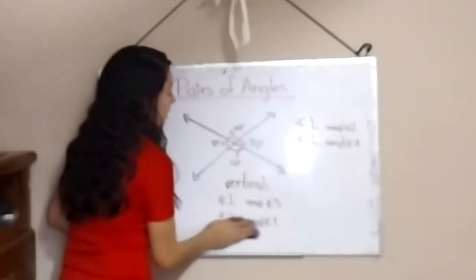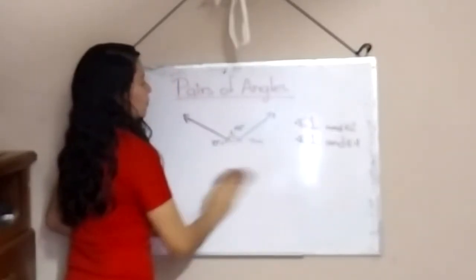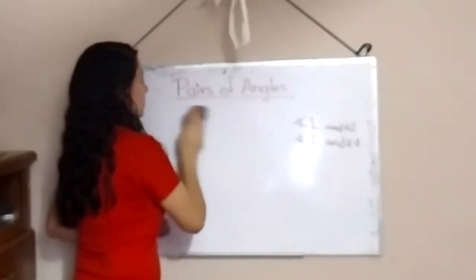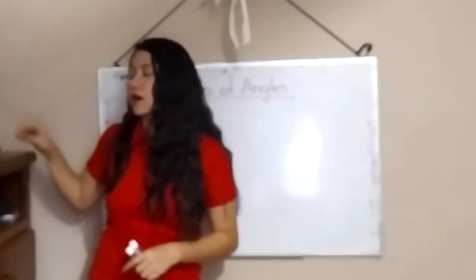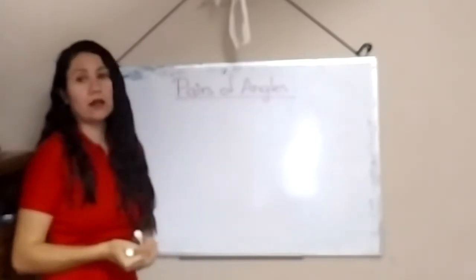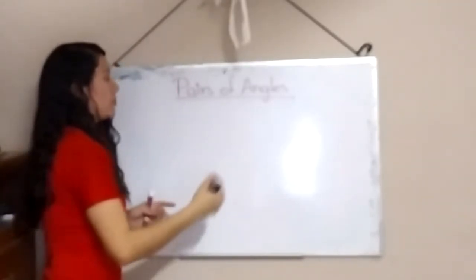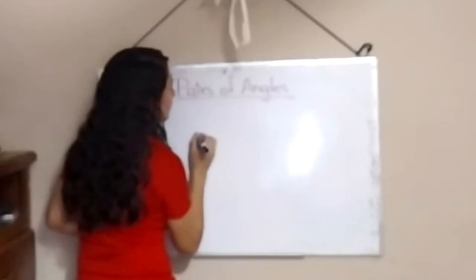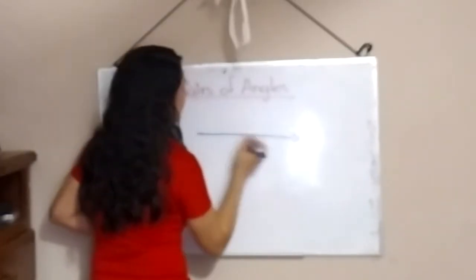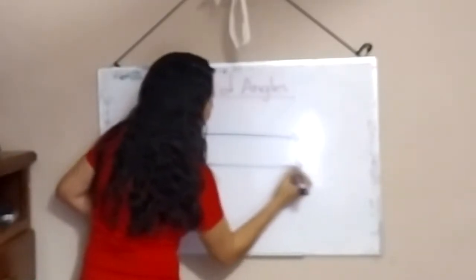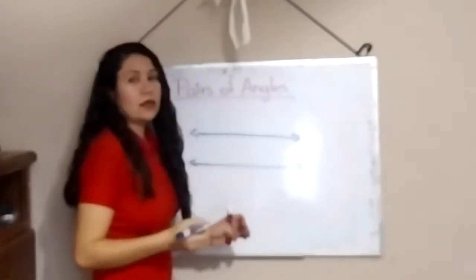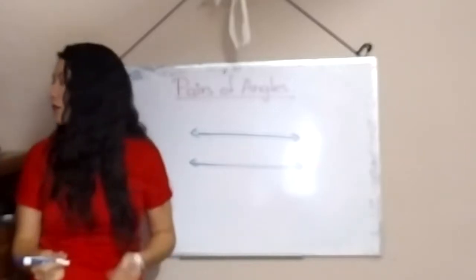This can be applied to our final exercises. Our final exercises are composed by 2 parallel lines. Remember that parallel lines are lines that will never intersect, because they go in the same direction.